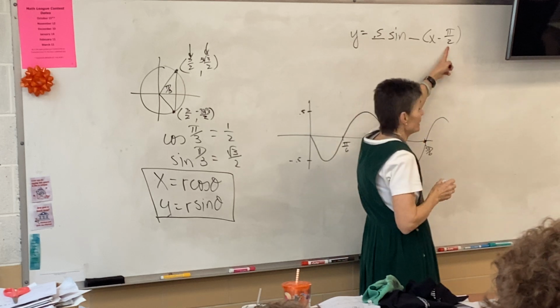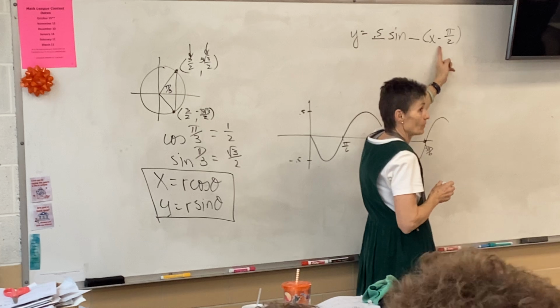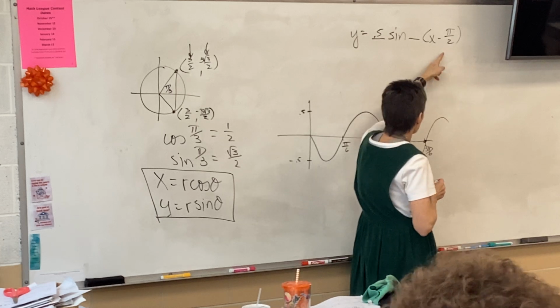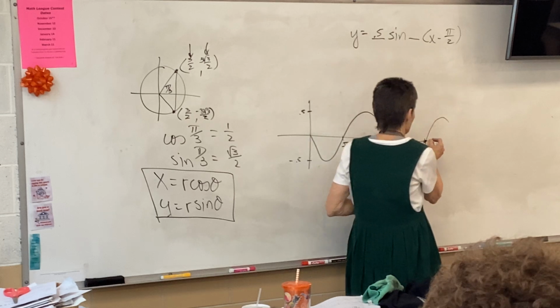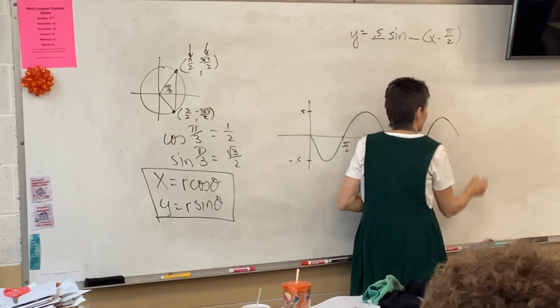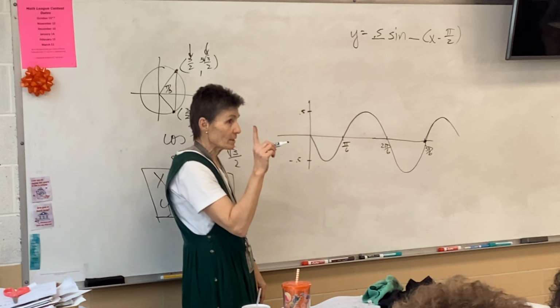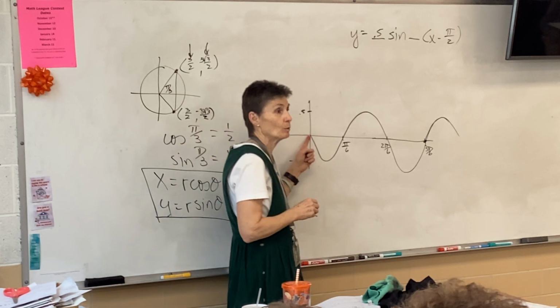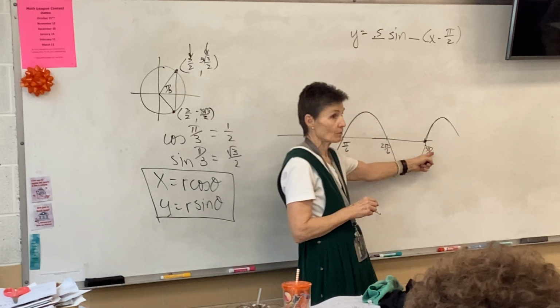That's a pi over 2, isn't it? This is your shift right here. So pi over 2 is 3/6. So it's starting here, and that's a positive sine curve. That's exactly right. They're trying to trick you, because if you start here, it would be a negative, but we're not starting here, we're starting over here.